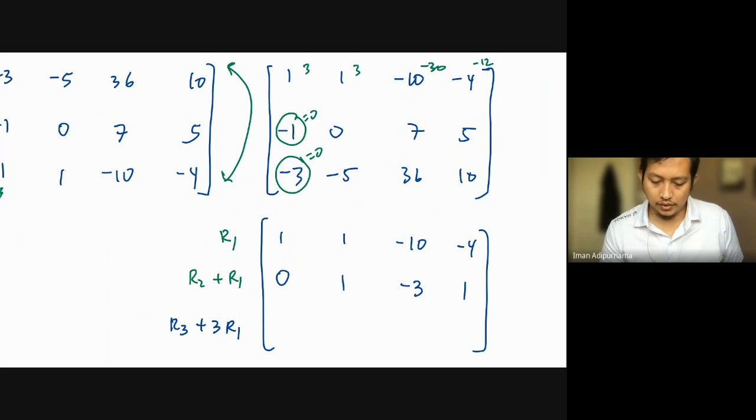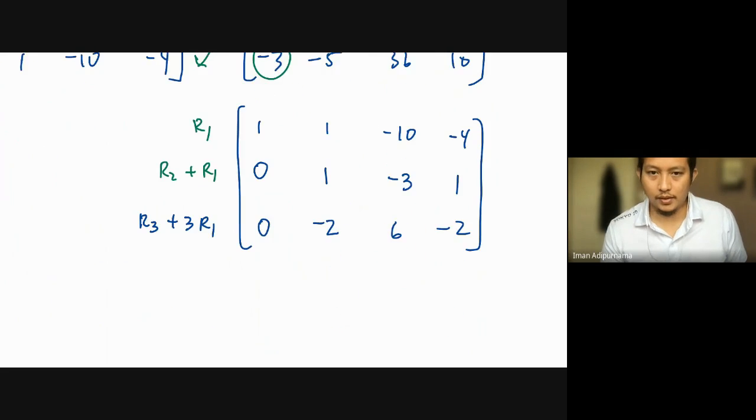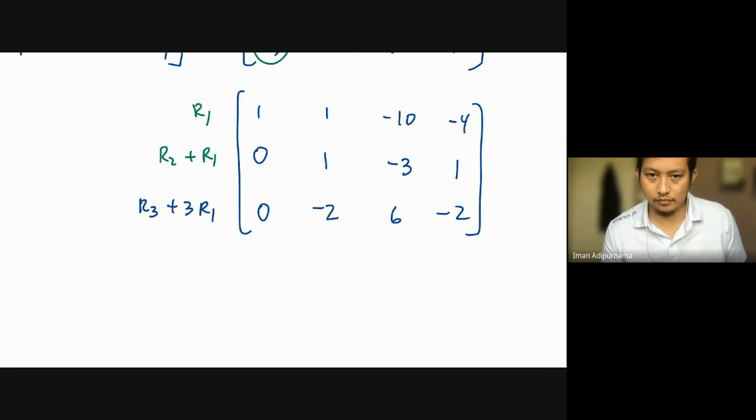Okay. So 3R1 will be 3, 3, negative 30, negative 12. Negative 3 plus 3 is 0. Negative 5 plus 3 is negative 2. 36 minus 30 is 6. And then 10 minus 12 is negative 2. And we can multiply this with 2, right, to take this out.